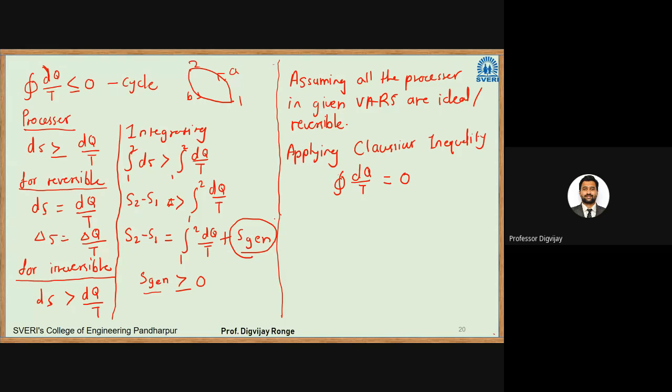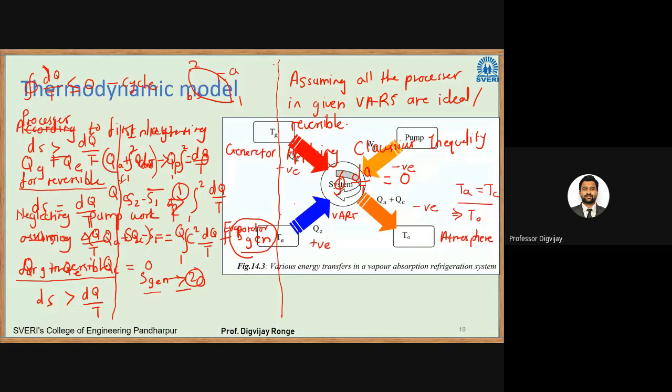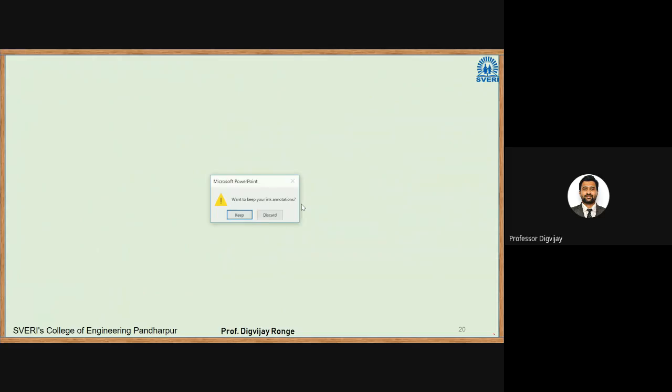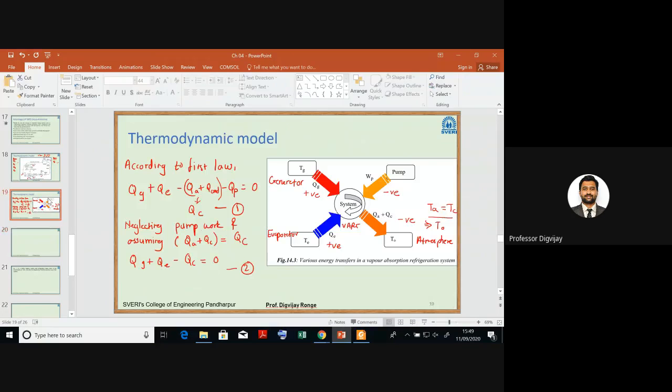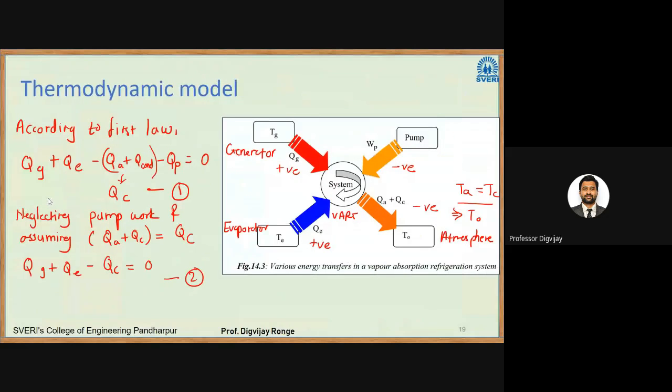So how to represent this in our case? See here in this diagram. Qg, amount of heat, is being transferred at the temperature Tg.